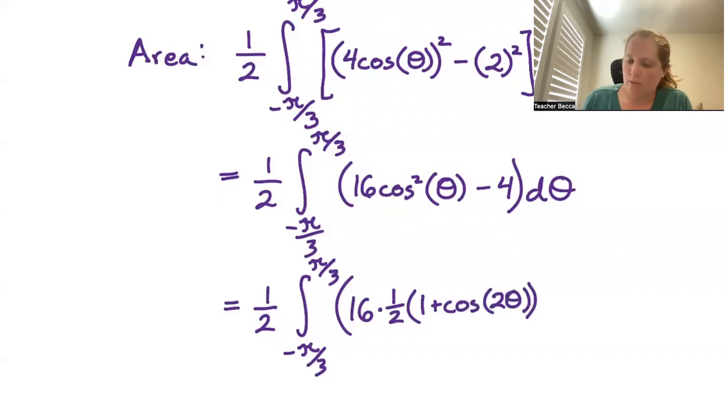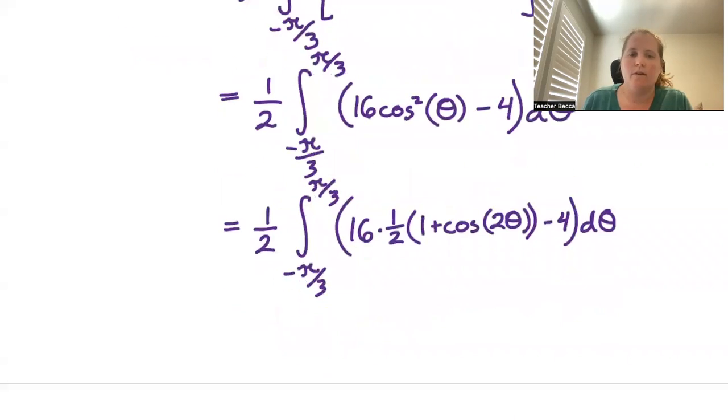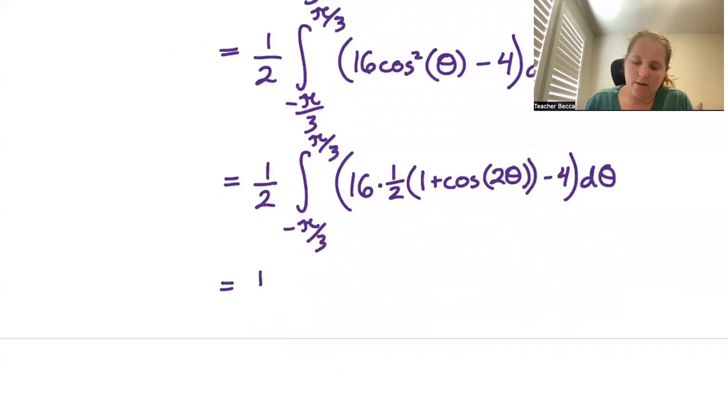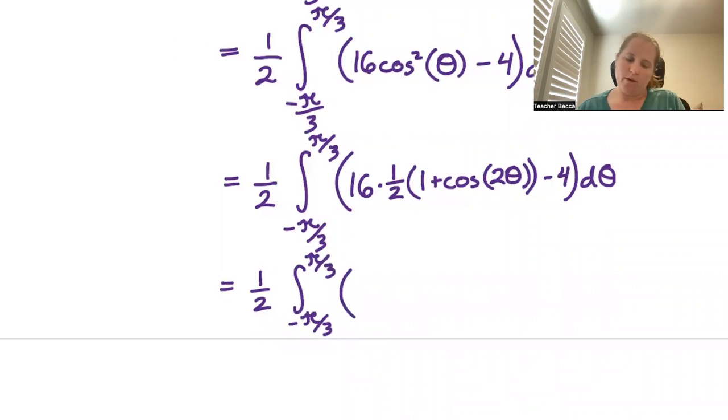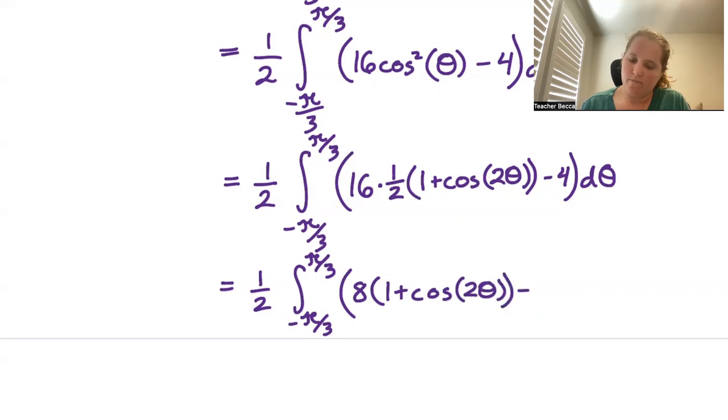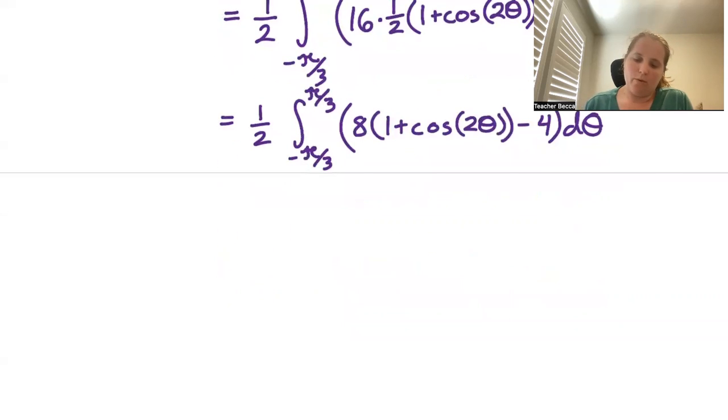And then we have our minus 4 on the end and d theta. So we are looking at 1/2 times the definite integral from negative pi over 3 to pi over 3 of 8 times 1 plus cosine 2 theta minus 4. That becomes 8 minus 4, or 4.